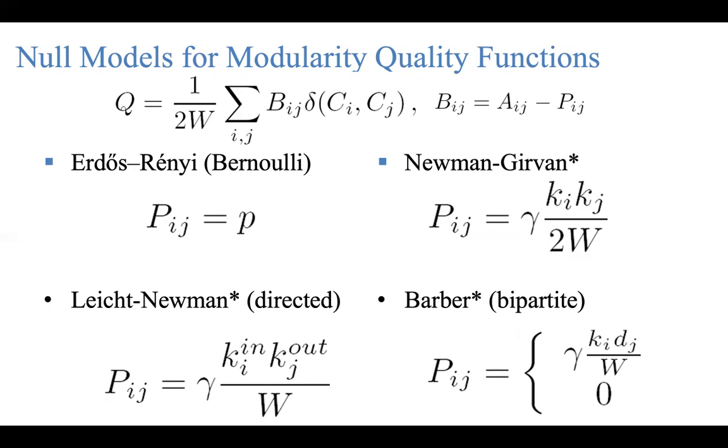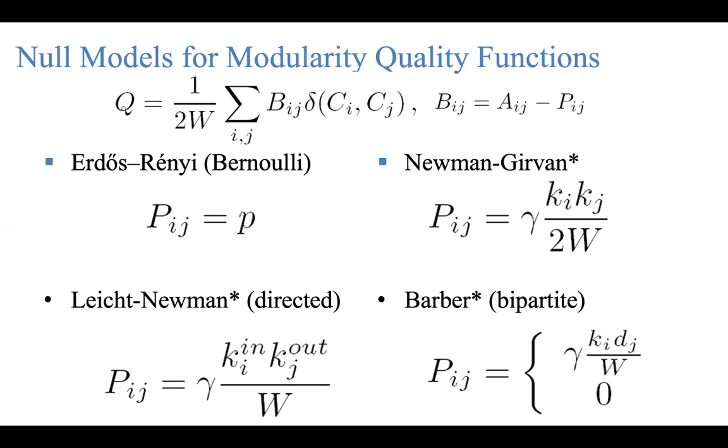Again, for undirected networks, the most common form of modularity is this product of Ki and Kj here. I've changed notation on you, sorry, divided it out by 2w instead of 2m. The intended meaning is the same. And again, it gets multiplied by a resolution parameter gamma. We're not going to talk at all today about directed or bipartite networks. There are also null models for signed networks.